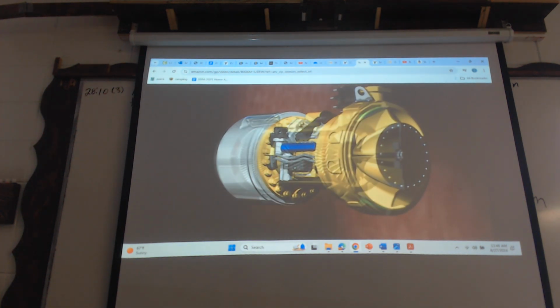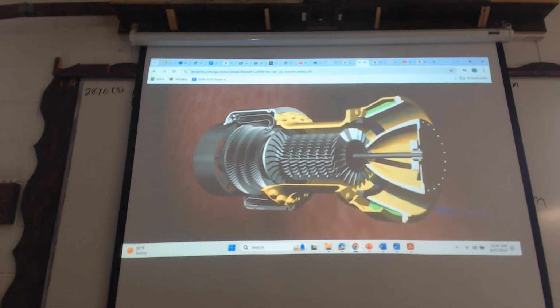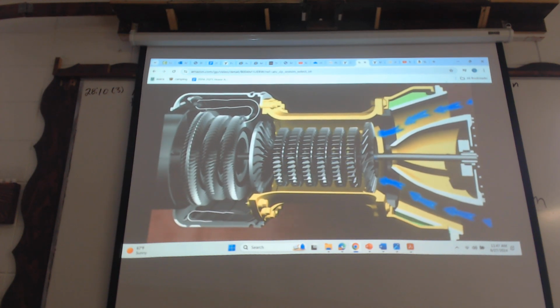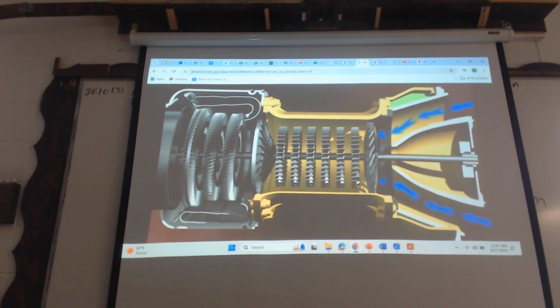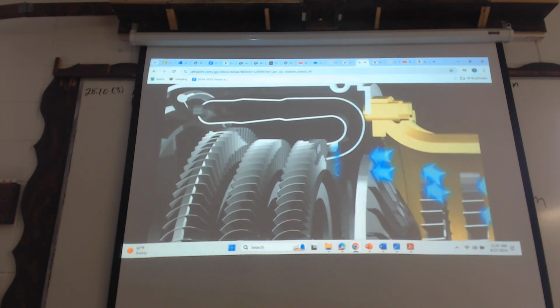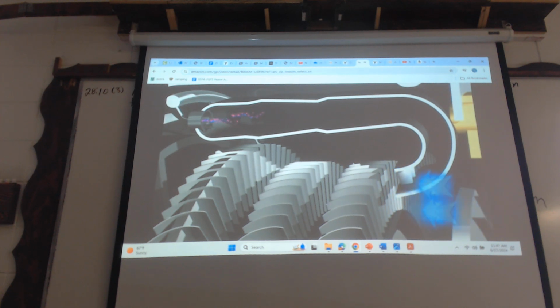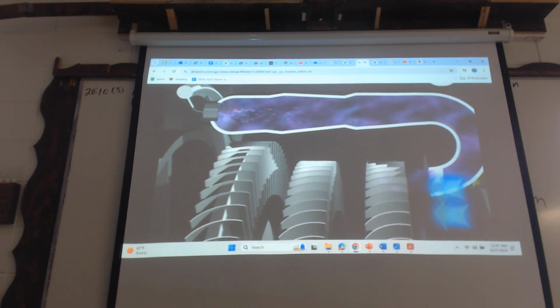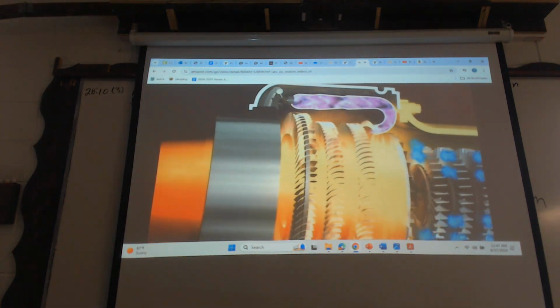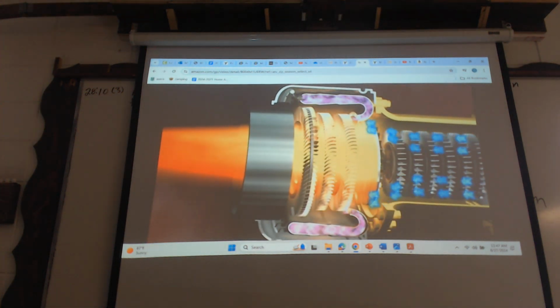In stage 1, the turbine engine takes in air at 300 cubic feet per second. Stage 2, the air goes through a compressor, which pressurizes it to 90 pounds per square inch. Stage 3, the air is combined with fuel in the burner can and is ignited. And finally, stage 4, the supercharged hot gases spin the main turbine assembly.